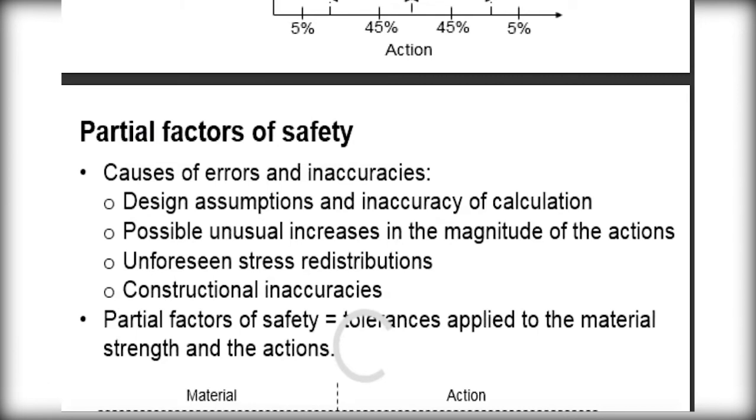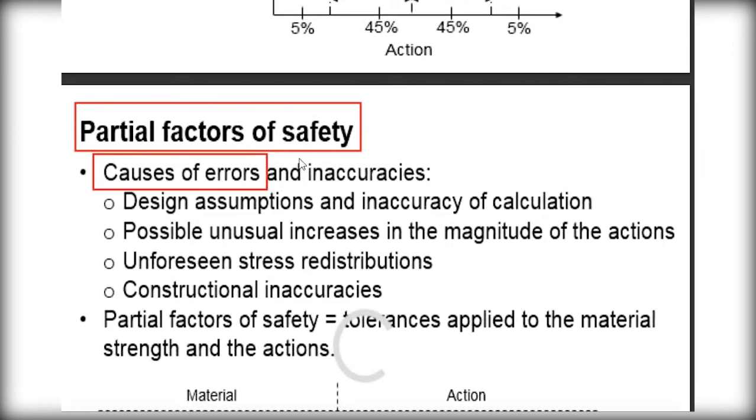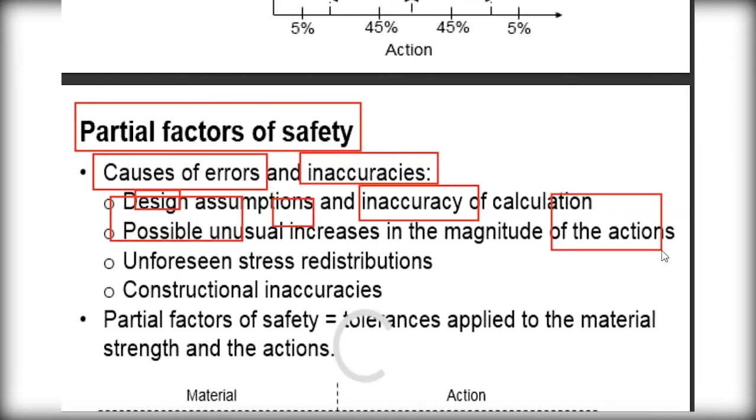The partial factor of safety. Now, this causes errors or inaccuracy. The design assumption, once there is inaccuracy in the calculation, the partial safety factor cuts off the possibility of an unusual increment of the magnitude of the action, or magnitude of the force.